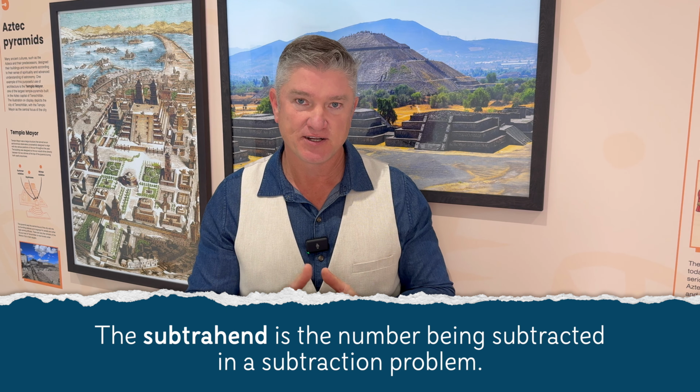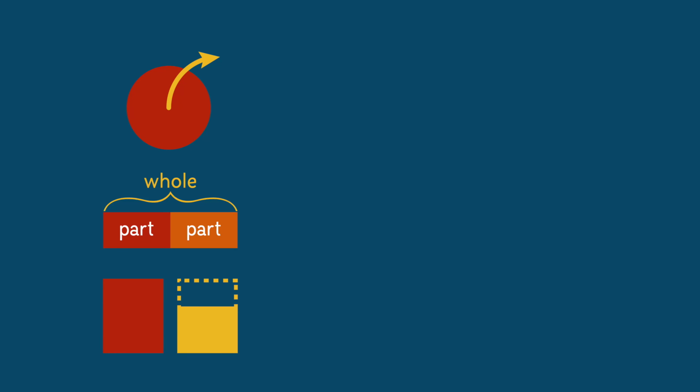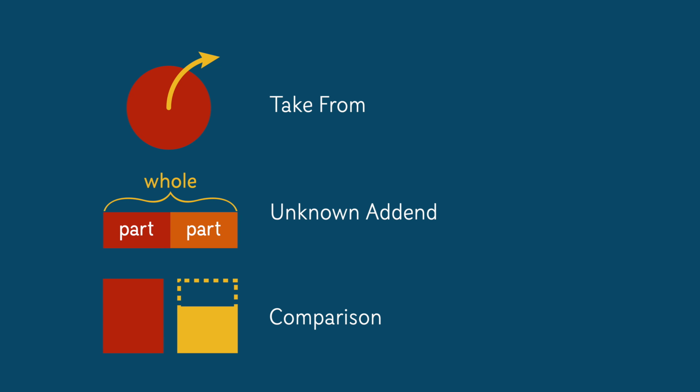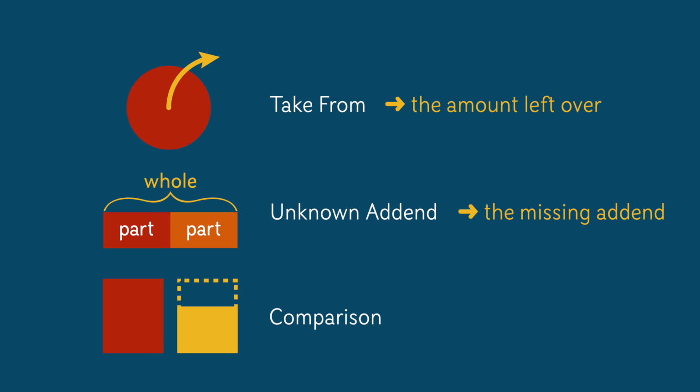In this situation, the greater number becomes a total and the other number is interpreted as being the subtrahend. In all three types of subtraction, there is a total and a known part. You need to find out the missing part, which could be the amount left over, the missing addend, or the difference.